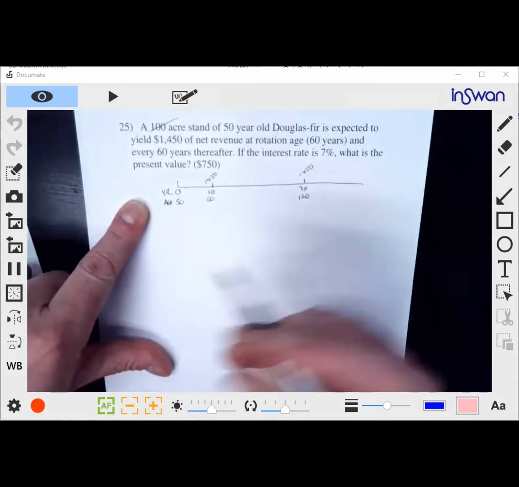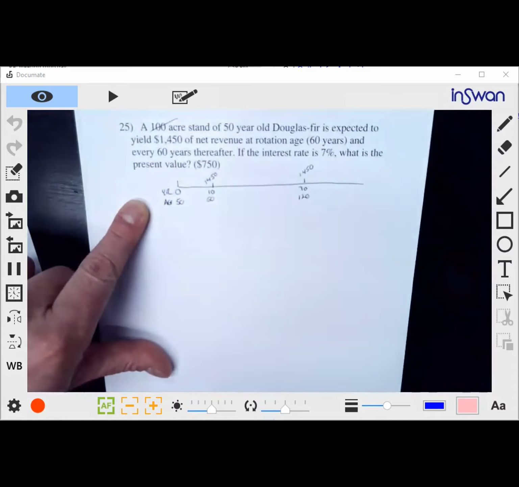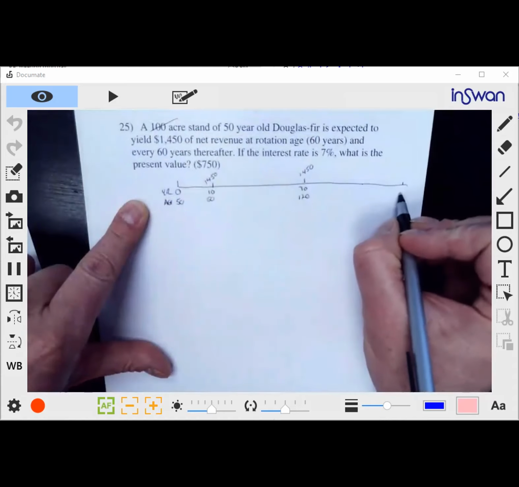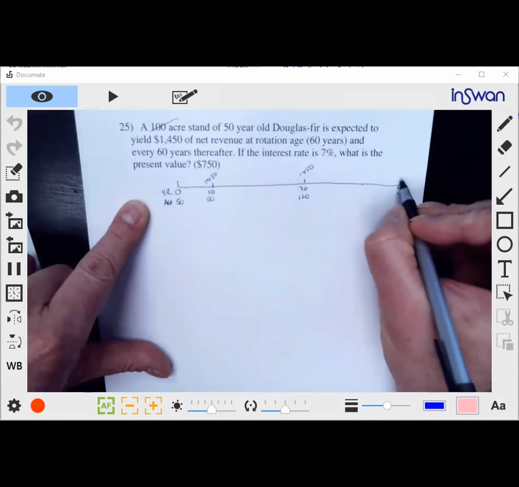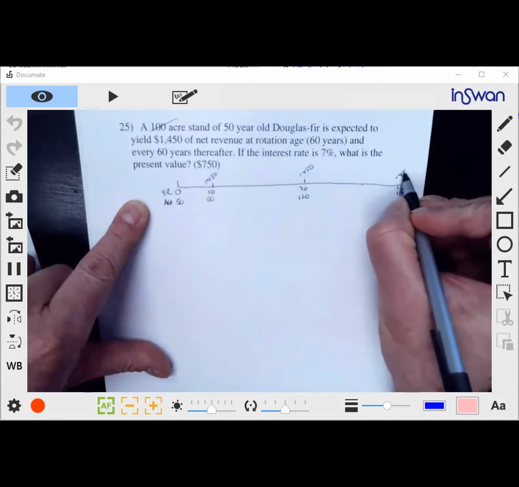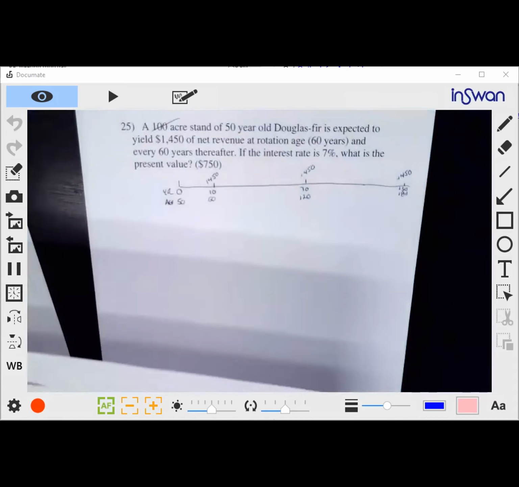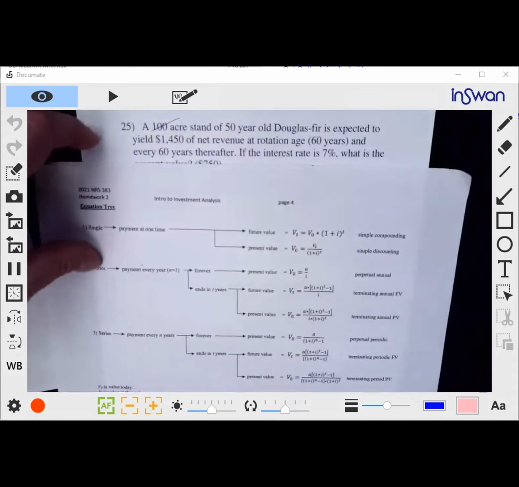So this is a lot like you having to buy, these are positives, buy a new bulldozer, and that goes on and on. So at 130 years from now, I'm going to cut this stand again and get some more revenue off of it.